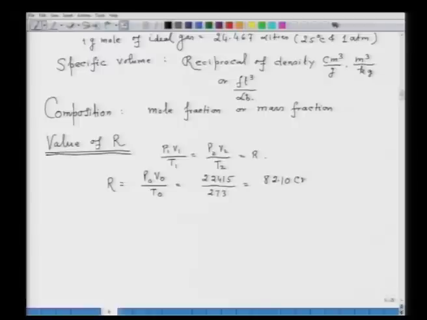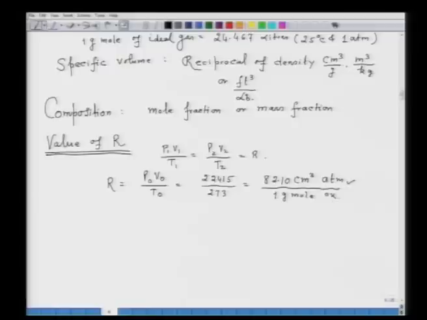So, the unit will become equal to 82.10 centimeter cube atmosphere, since I have taken 1 gram mole of the gas, per gram mole per degree Kelvin. So, this is 22,415 centimeter cube atmosphere per gram mole per degree Kelvin.